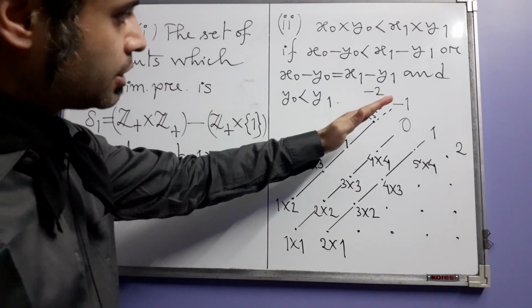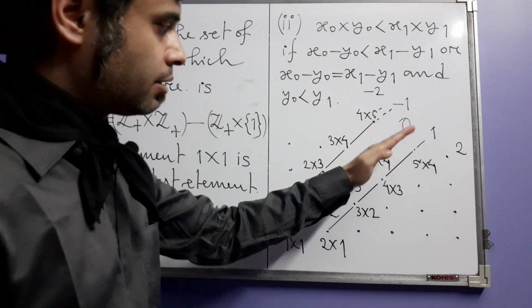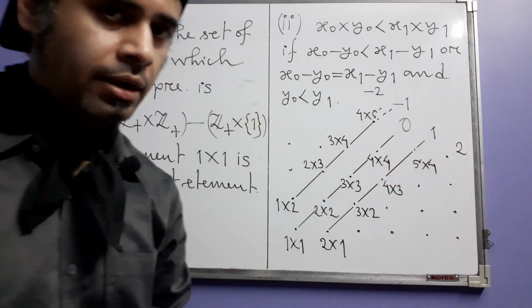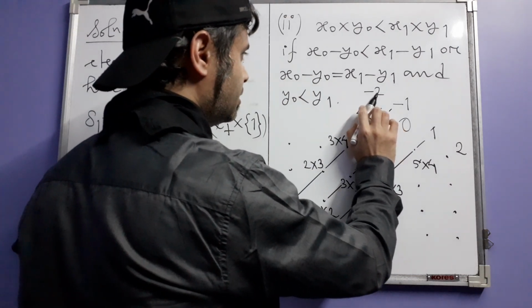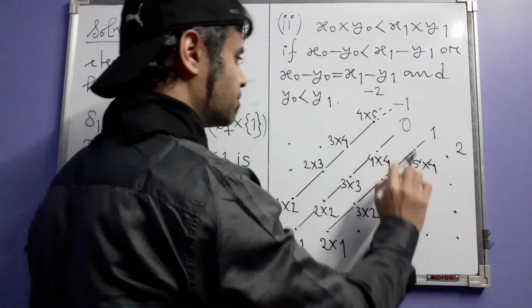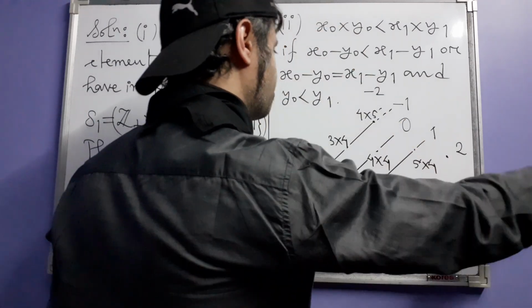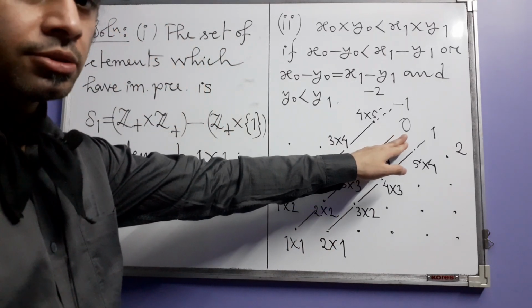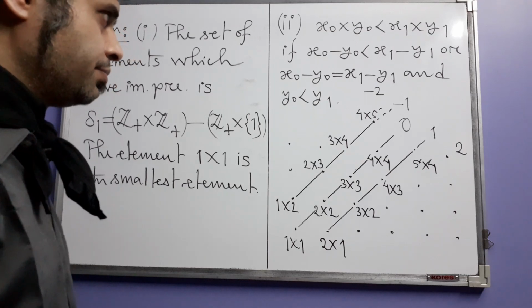So you will continue to have these lines stacked on top of each other, and you will also continue to have lines like that. More lines with negative numbers, minus 2, minus 3, minus 4, and the ones with positive numbers 2, 3, 4, 5 and so on. Because this line has the number 0, I just called it the middle diagonal line.